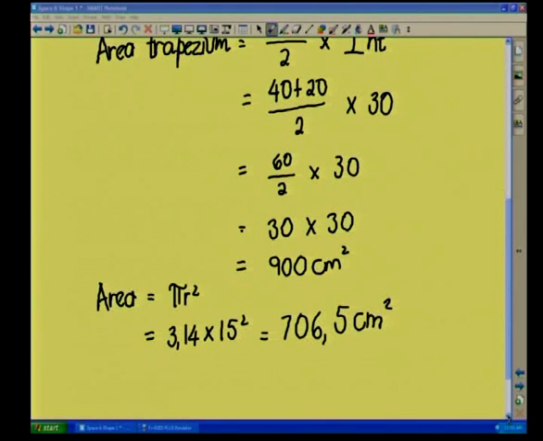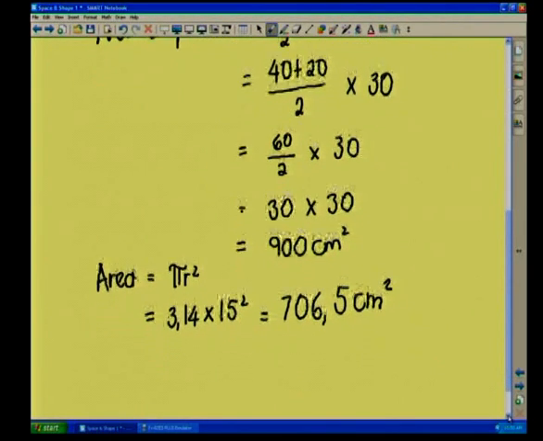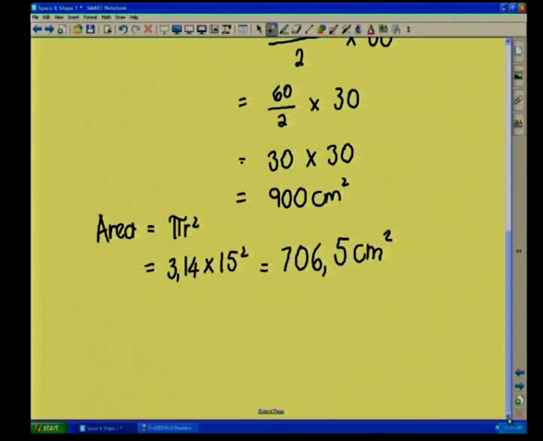Right, now I need to write down what I'm actually trying to find out. I'm looking for the area of the shaded part. Now the area of the shaded part is going to be my trapezium, take away my circle.